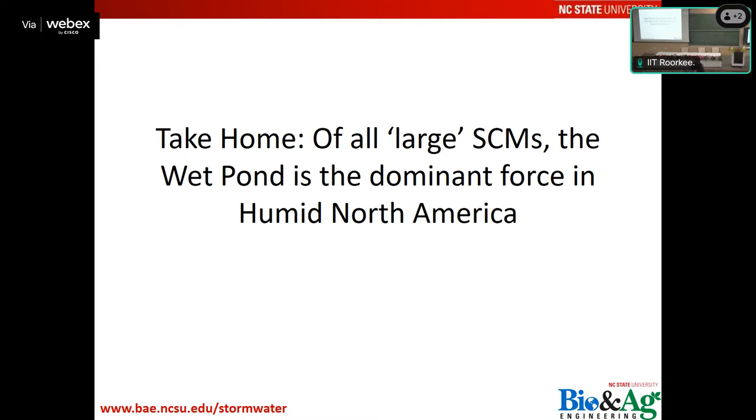Now, that may be true because North Carolina does actually use a variety of practices. We have thousands of bioretention cells in North Carolina. We've got hundreds of constructed wetlands. We've got thousands of samples. We have a lot of other practices that we do use in our state. But 40,000 in the state, probably closer to 15,000 in North Carolina.